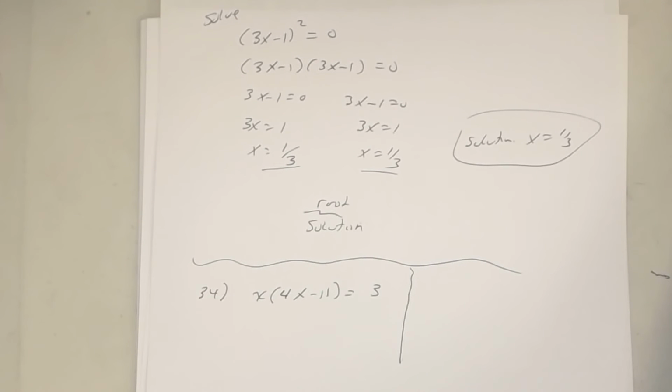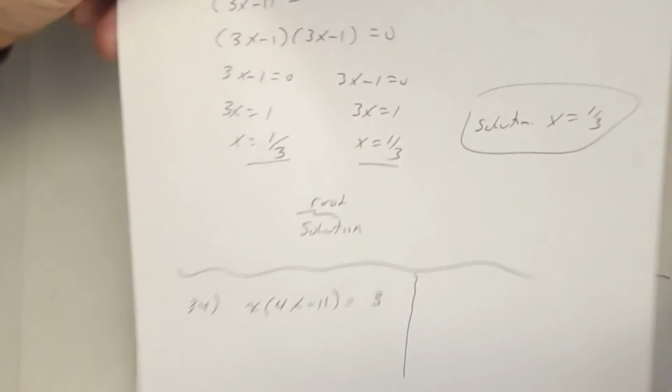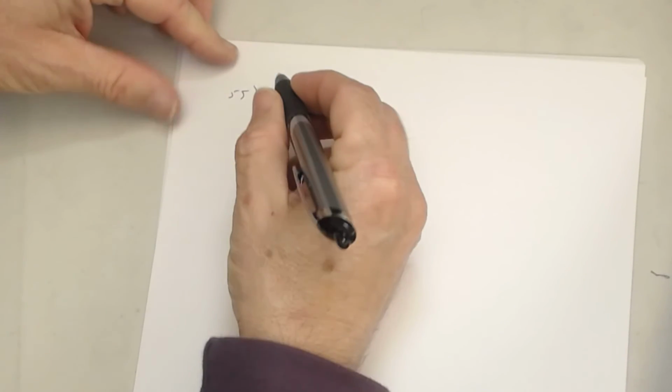So let's look at, I'm trying to find one that gives you some nice numbers. Okay, here we go. This is going to be 55.